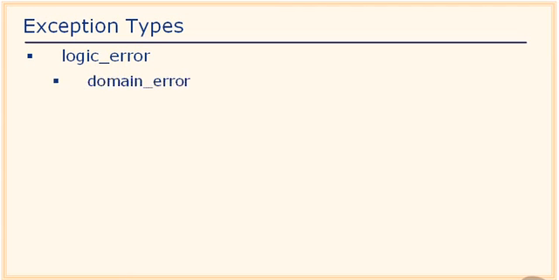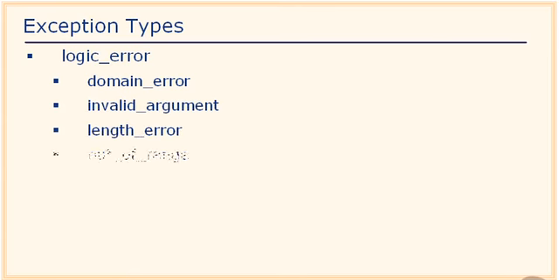Within the logic error tree, the classes that derive from logic error are domain error, invalid argument, length error, and out of range. Again, if we do a catch on a domain error and a domain error gets thrown, now we know with a little more specificity what's going on.